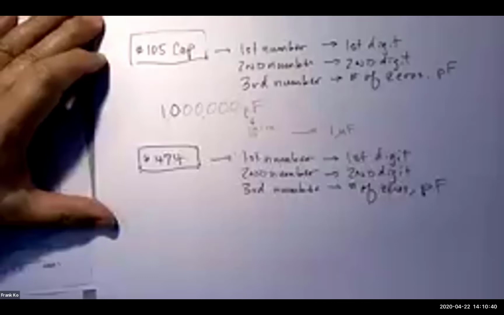Well, 474 is the number that's printed on the capacitor. Your job is to interpret that based on everything we've done here in the past 3 examples. Interpret.